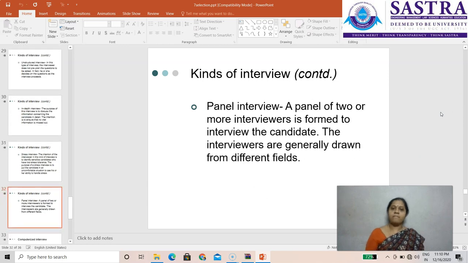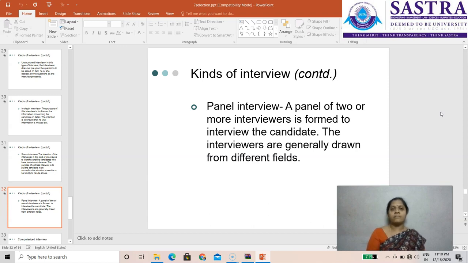And we have the panel interview. Here there will be a panel which consists of 2 or more interviewers who will be from different backgrounds and different fields, so they will check the knowledge of the interviewee on different aspects.